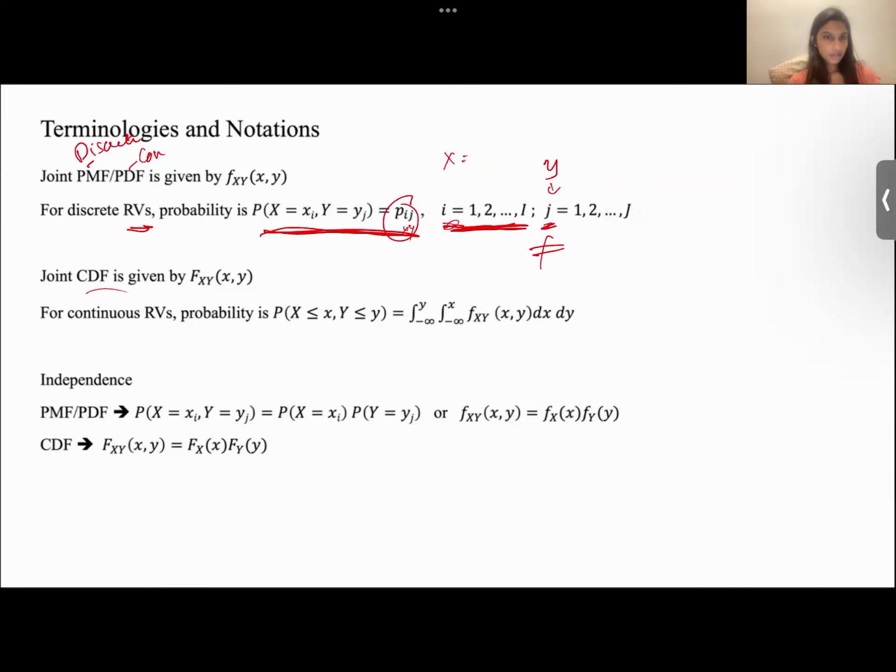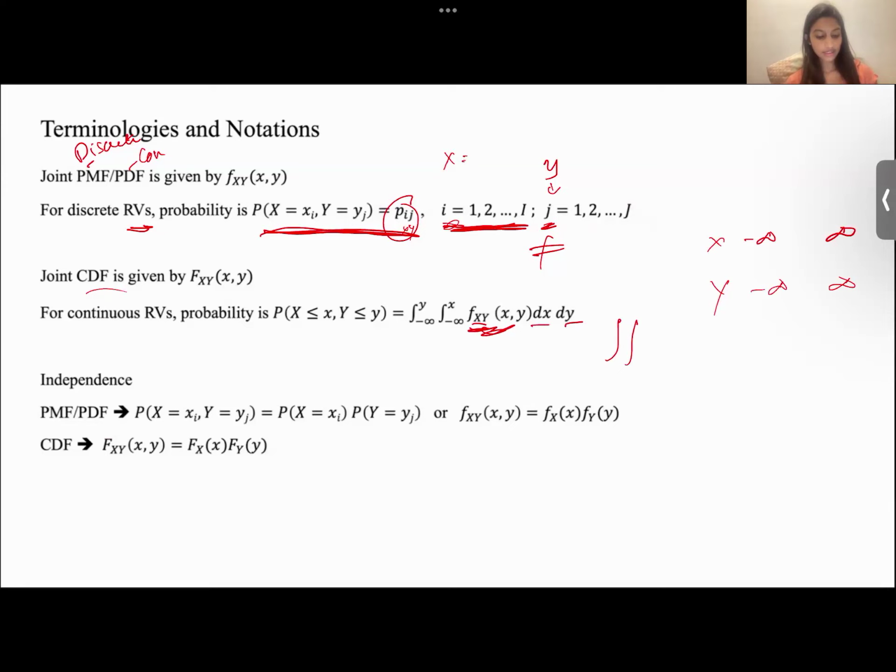In a joint CDF, x and y each have a range. x could be anything between minus infinity and plus infinity, and y could also be anything between minus infinity and plus infinity. So you take a double integration of the probability function of x and y.